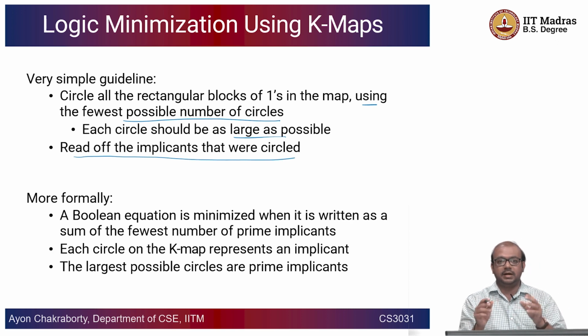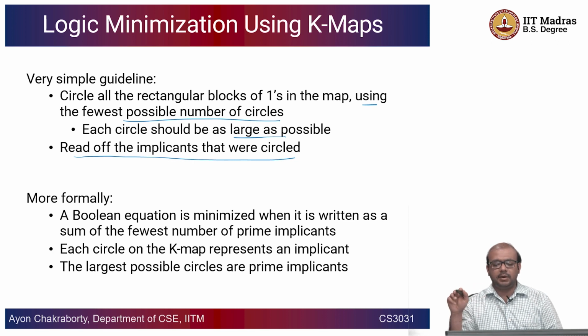Implicants, if you recall, are product terms. Unlike a minterm, which has all the different variables present, an implicant is just in product form, ANDed together. So, a particular circle represents a particular implicant.